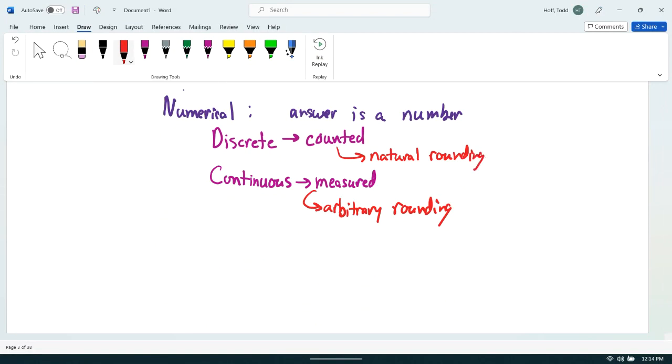One that always causes some debate is money. Well, money has a natural rounding at the penny or the cent, 2 decimal places for dollars if you will. So even though that's less than 1, there's a natural rounding at the penny. So that could be considered discrete. Once you've determined that natural rounding, you can count the number of items that fit that rounding.